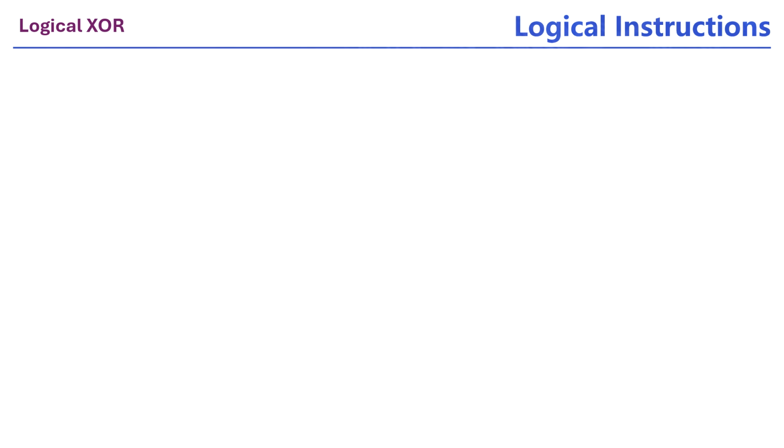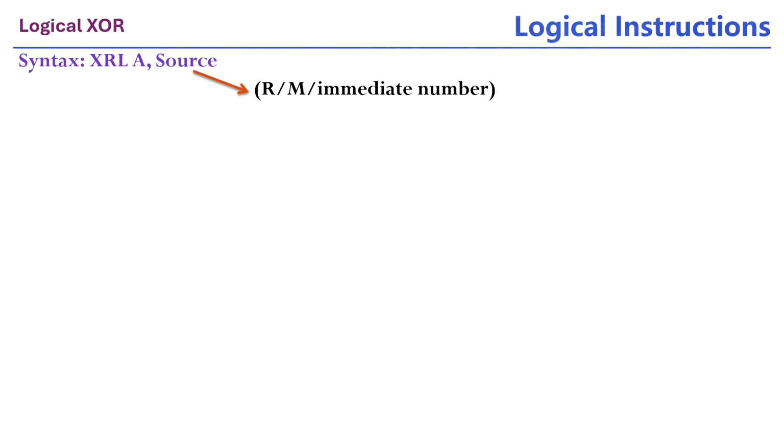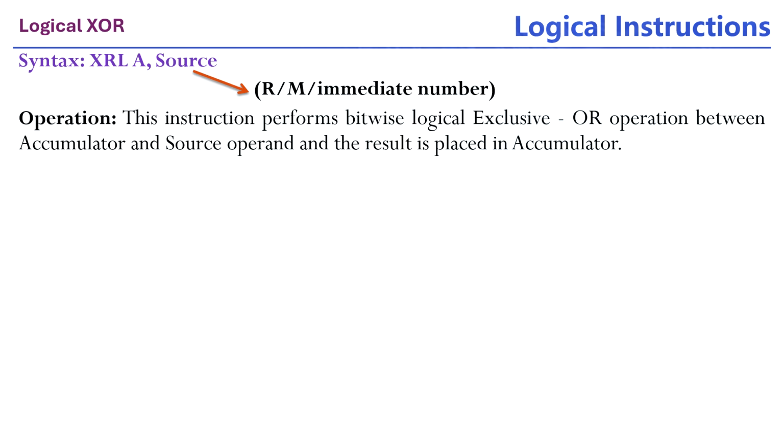Next instruction is the logical XOR instruction. The syntax is XRL A comma source. Here also the source is register data, memory location data, or any immediate 8-bit data. This instruction performs bitwise logical exclusive OR operation between the accumulator and the corresponding source, and the result is placed in the accumulator.